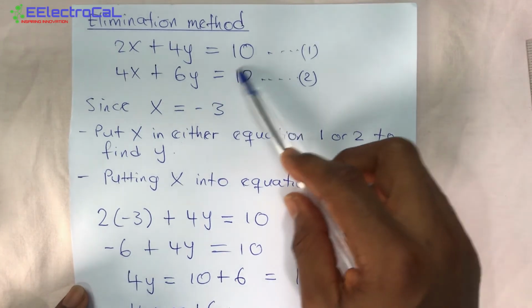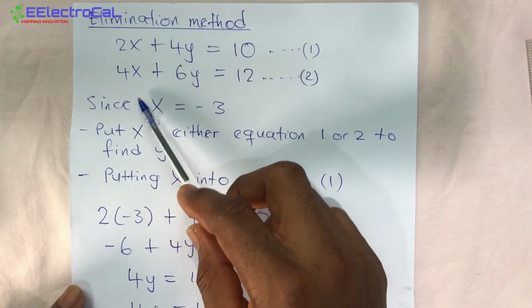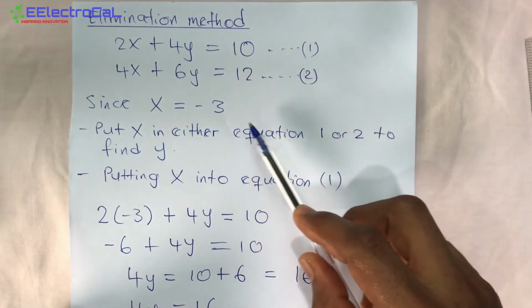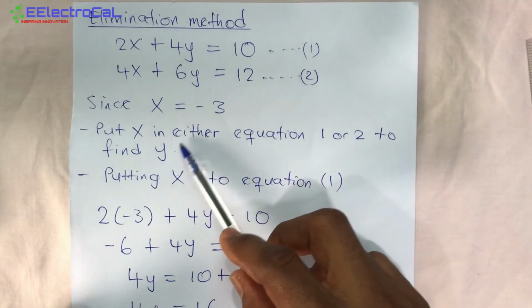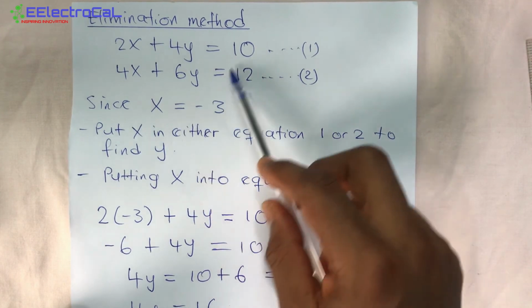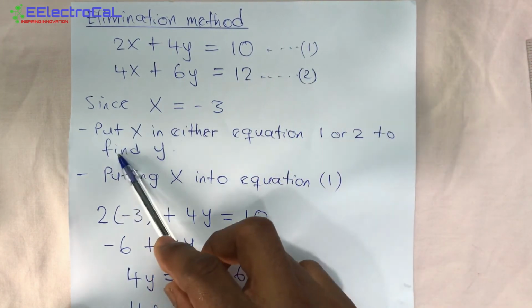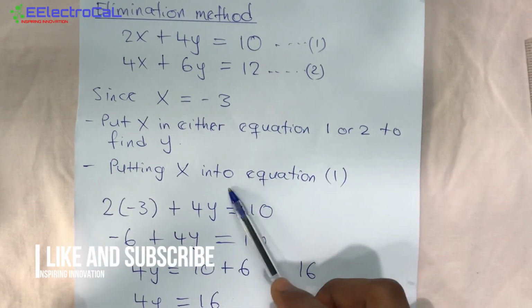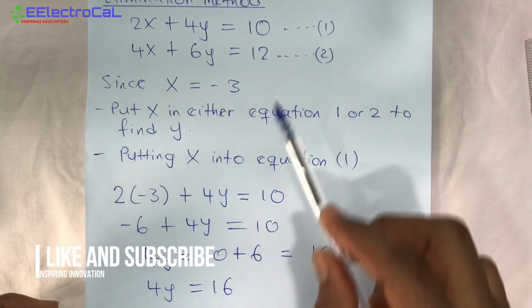Now we have x equal to minus 3, and we need to find the next term, which is y. To do that, we put minus 3 for x into either equation 1 or equation 2. We choose to put x into equation 1.